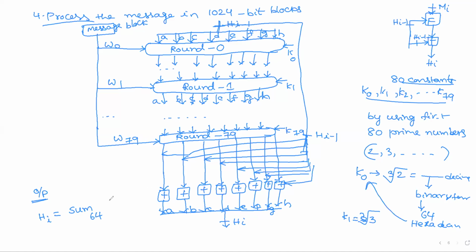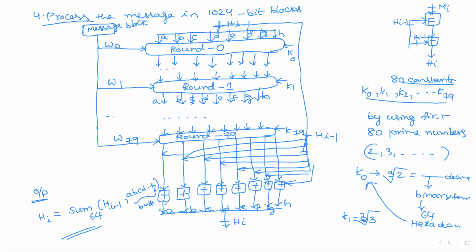It takes the previous block hash code as one input, Hi minus one, and the output of the last round, which is stored in the buffers A, B, C, D up to H for this ith round only. All these are nothing but buffers.